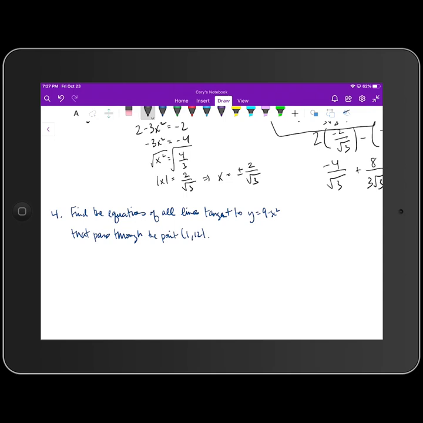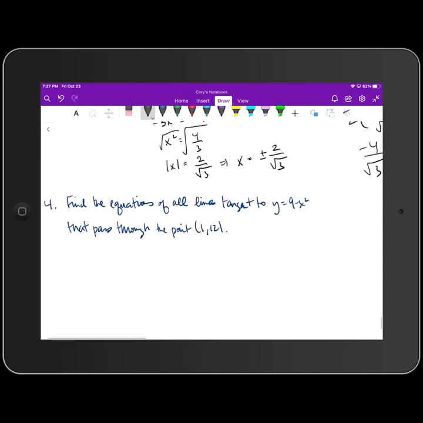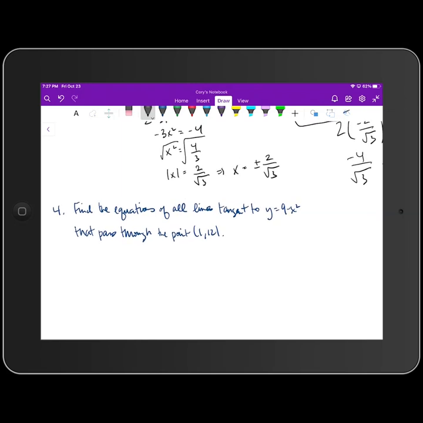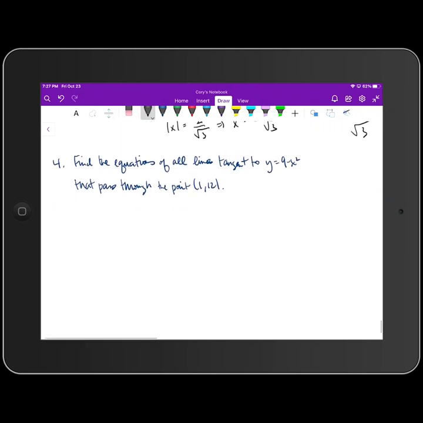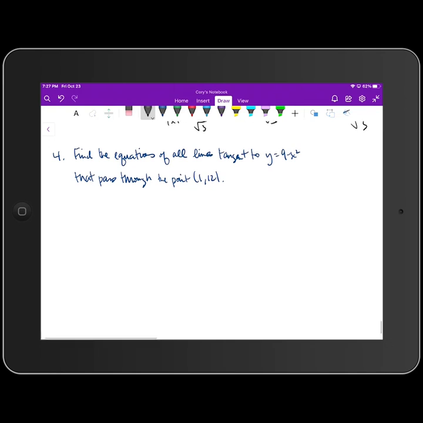Now, this question is different, and this question requires more thought than the previous questions we've looked at. And we're going to take a look at why that's the case. Okay, so I want to draw a picture of what's being described here because we're going to see the issue that we run into with this problem.